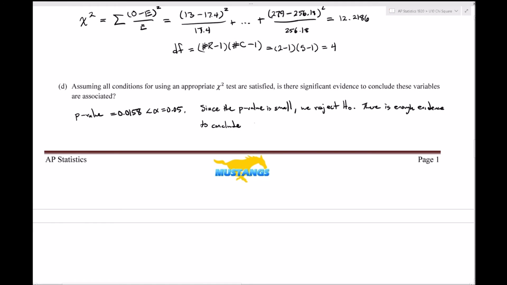So there is enough evidence to conclude that there is an association between survival of stroke and education level in Vienna, Austria residents. And that's it for this particular test.